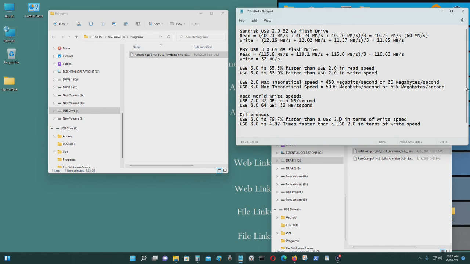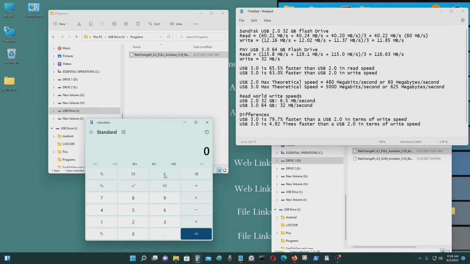But in terms of read speed, let's see what the average was, 116. It's about 2.9 times faster. The USB 3.0 is 2.9 times faster than the USB 2.0 drive.